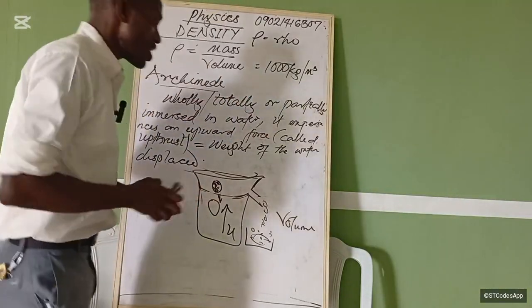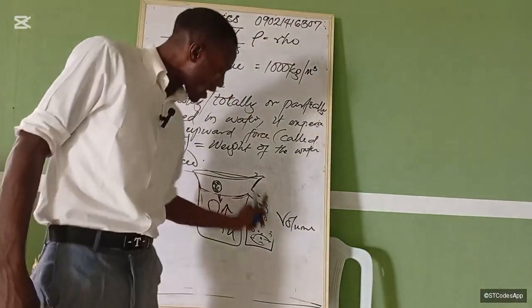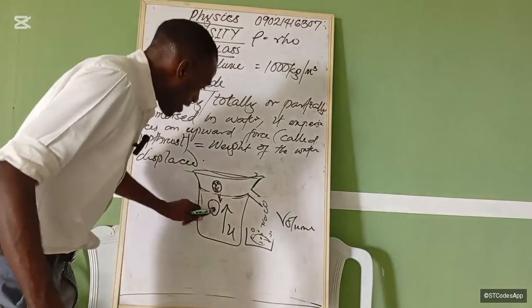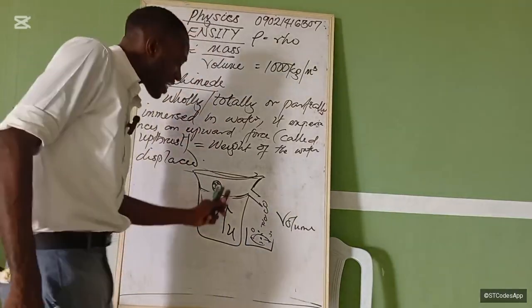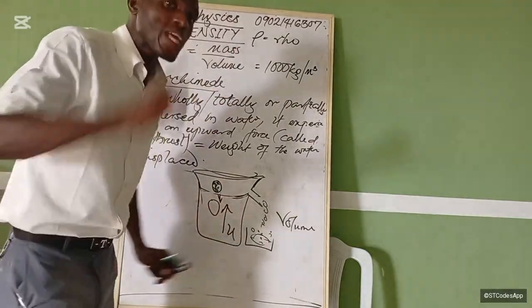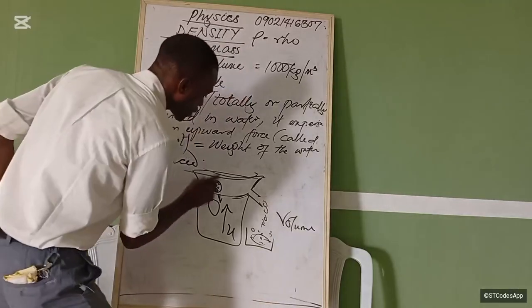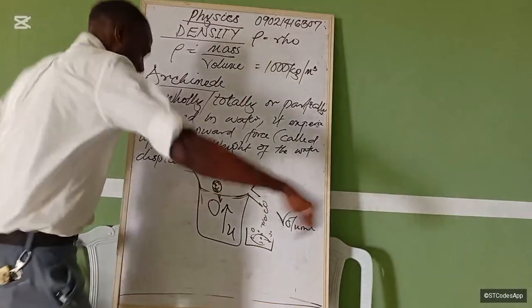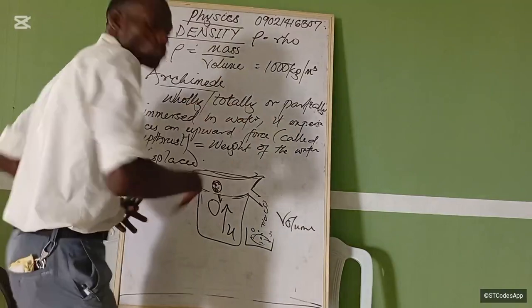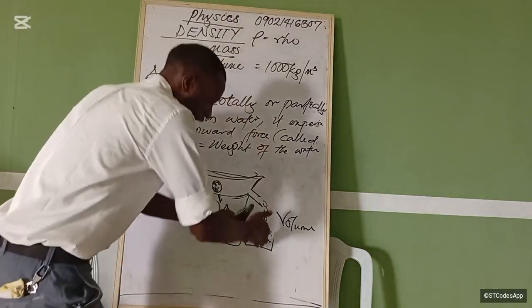Let me take that again. The water that got spilled out of this thing, the moment this guy began to enter into the water, that water that got spilled out is going to be equal in volume to the body that entered the water. So the volume of the body will be equal to the volume of the water that spilled away.